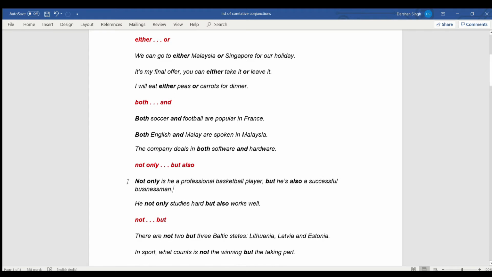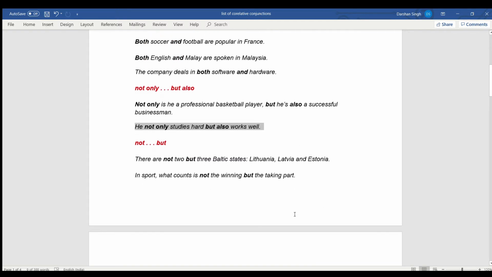The next one is, he not only studies hard but also works well. So this clearly shows that we are connecting two different phrases by using two correlative conjunctions.